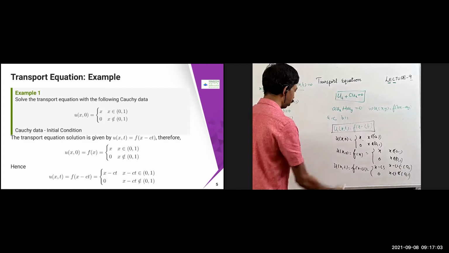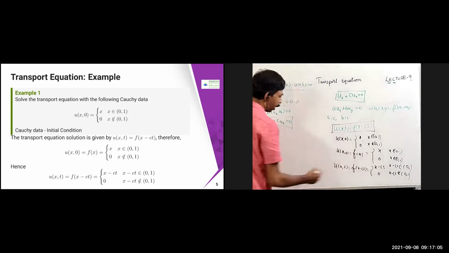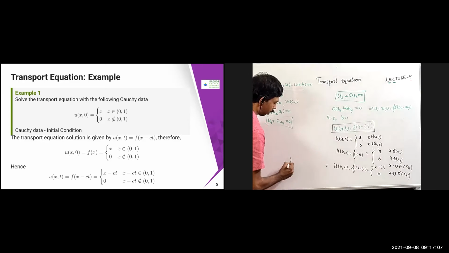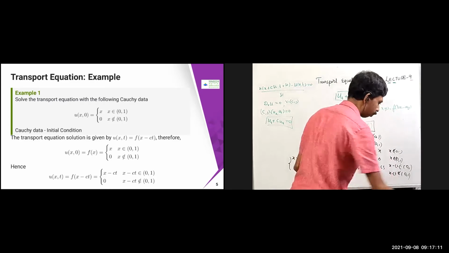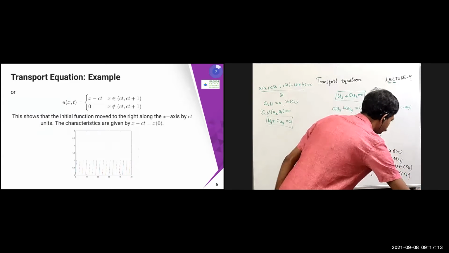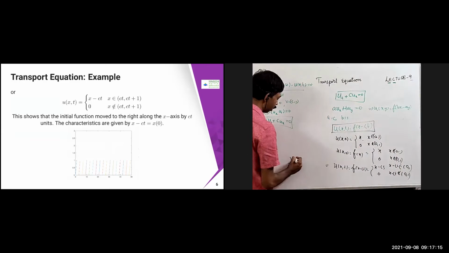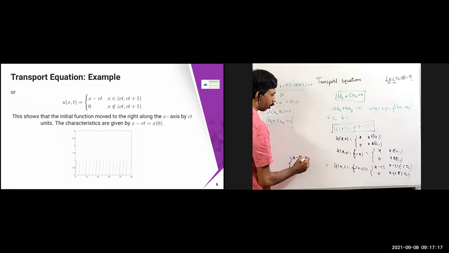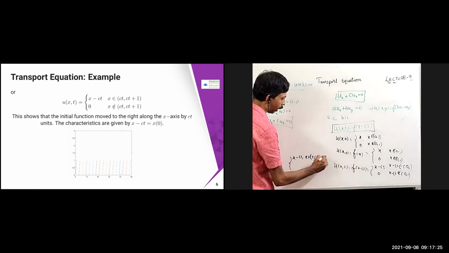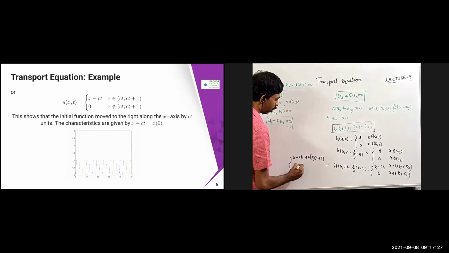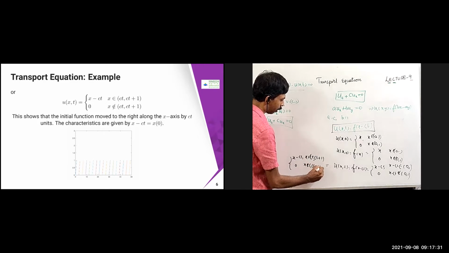The same thing I can rewrite as x minus ct if x belongs to (ct, ct plus 1), and 0 if x does not belong to (ct, ct plus 1).